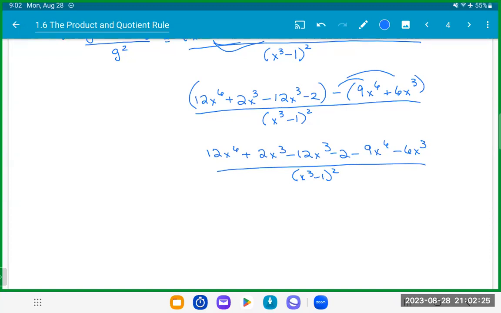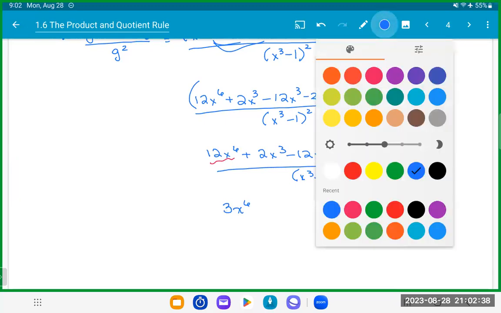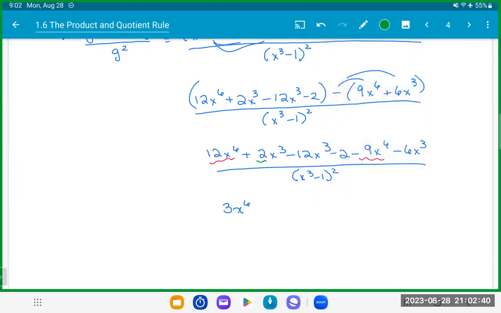For our x to the 6, we have 2 of those. So 12 minus 9 is positive 3, so 3x to the 6. For my x cubed, I have a positive 2x cubed, a negative 12x cubed, and a negative 6x cubed.